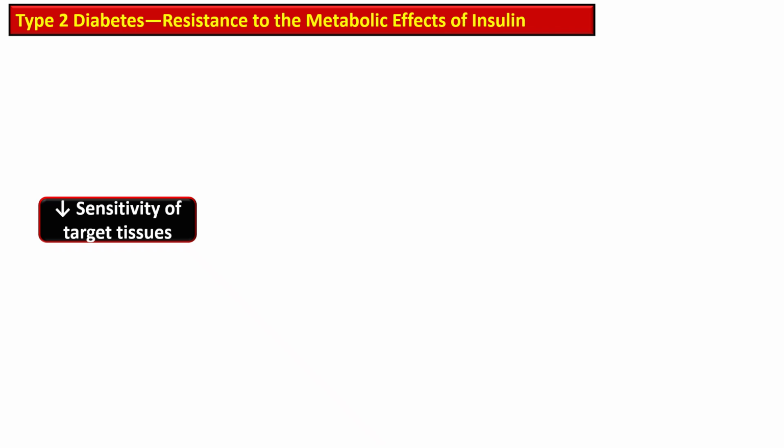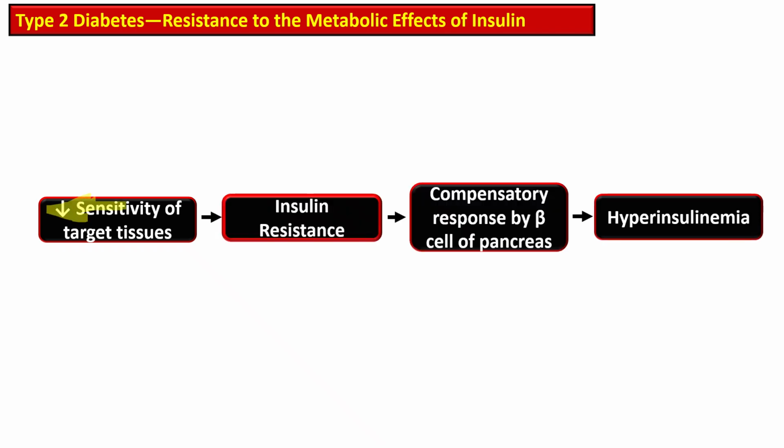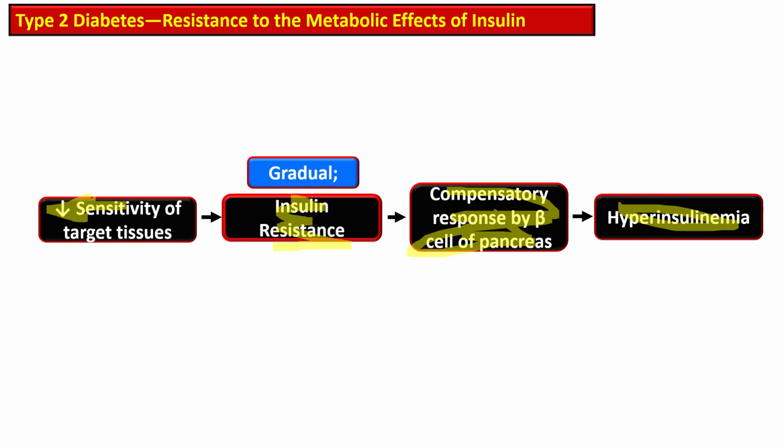So the target tissues, muscle, liver, and adipose tissue, become less sensitive to insulin, and due to this there is compensatory hyperinsulinemia due to increased secretion of insulin by the beta cells of the pancreas. This is gradual over time, and initially there is beta cell stress, and over time there is dysfunction of the beta cells.